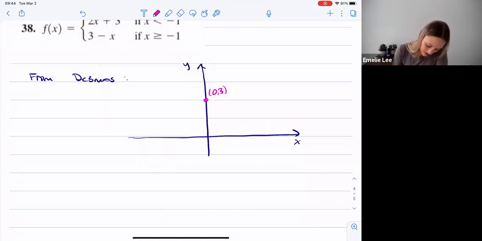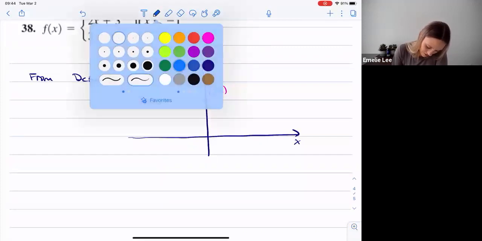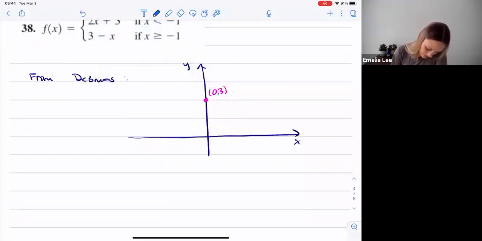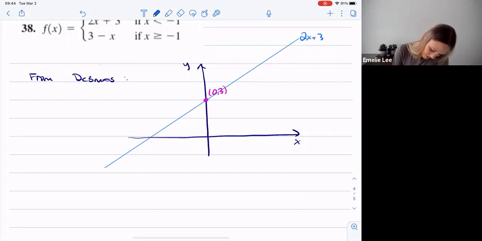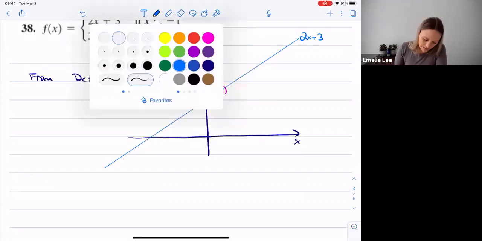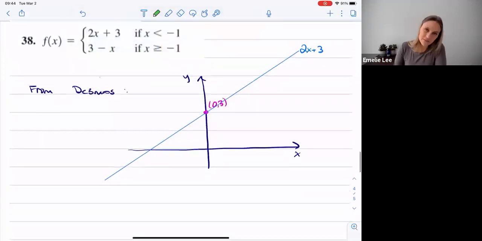So I've got kind of this, maybe I'll use a different color. I had this kind of line here, 2x plus 3. I'm not going to be too picky about how I draw these, because we use Desmos anyways.